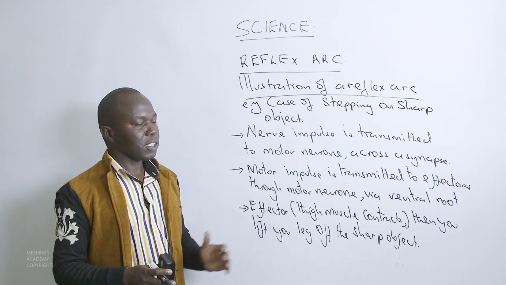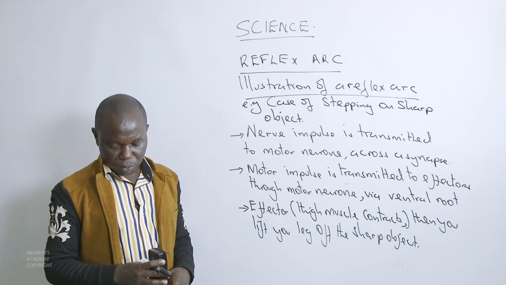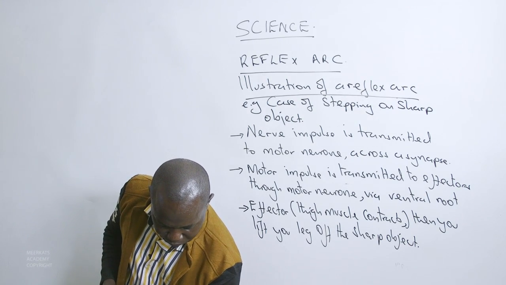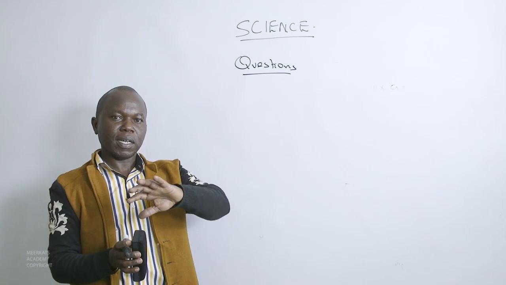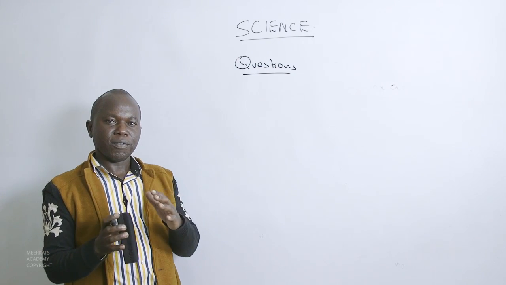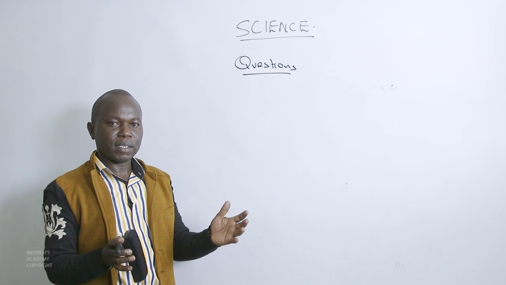So with this, if you are given any question, you will be able to handle it. So let us look at some few questions here. Before we look at the questions, just in a nutshell, for a reflex arc to happen, you must have the structures in mind.